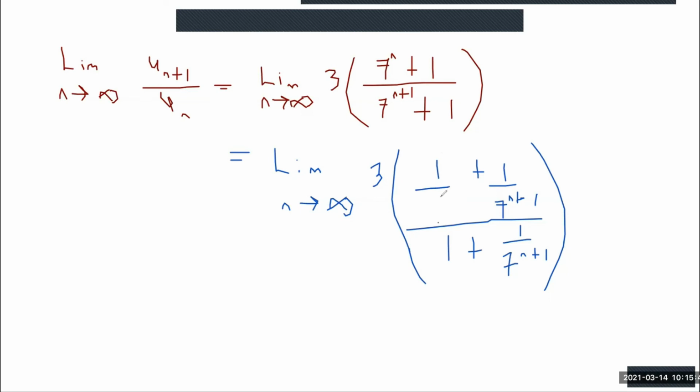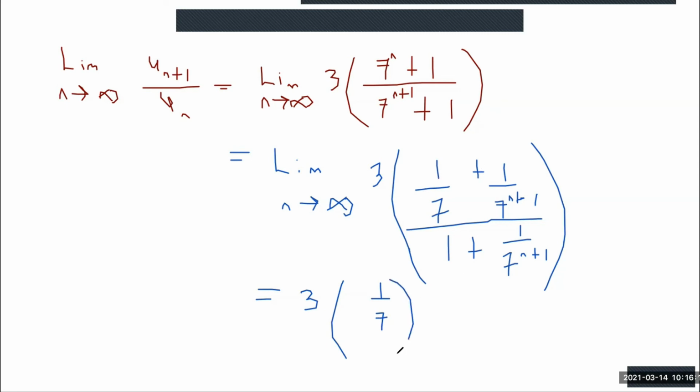Plugging in n as infinity now, this part right here is 1 over infinity, which is 0. So plugging that in, we get 3 times 1 over 7 plus 1 over 1 plus 0.